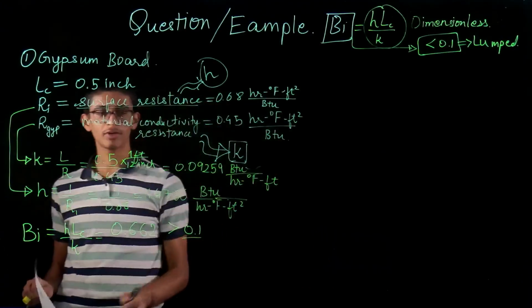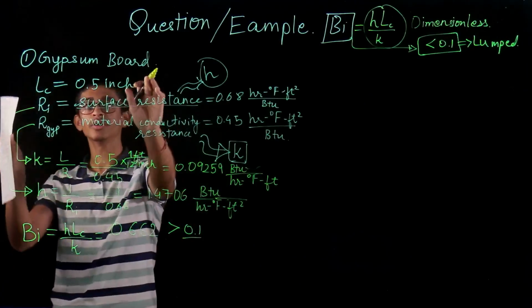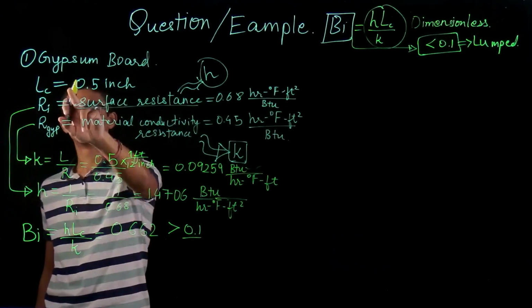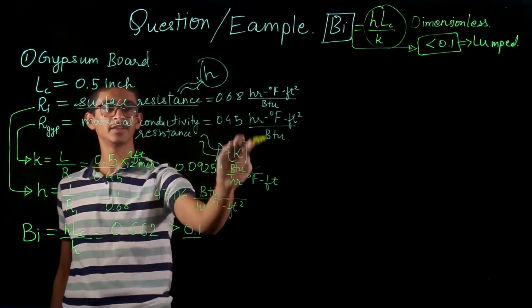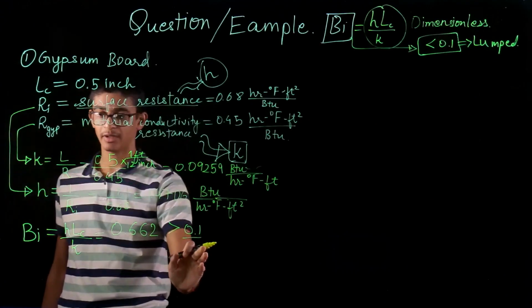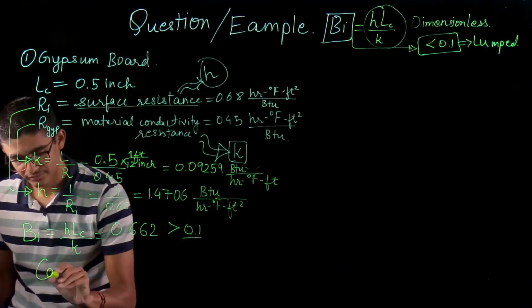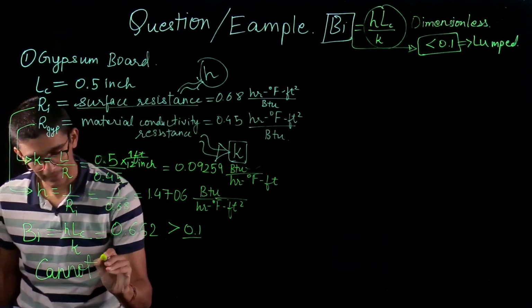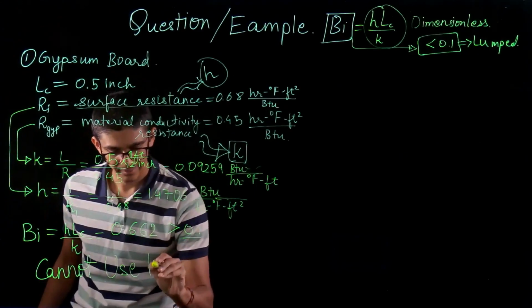So if it comes out to be greater than 0.1, then this board, having these characteristics, the length, the resistance values, or the heat transfer coefficients H and K, having a Biot number of 0.662, we cannot use the lumped capacitance model.